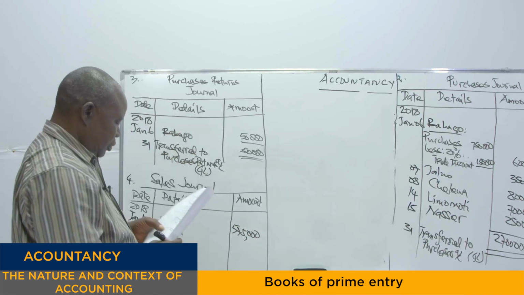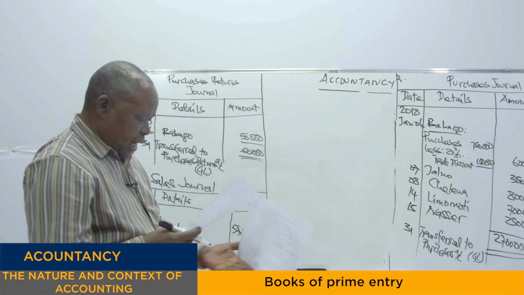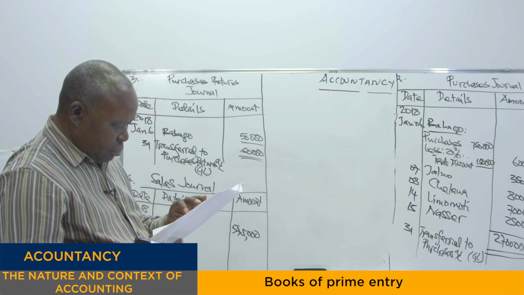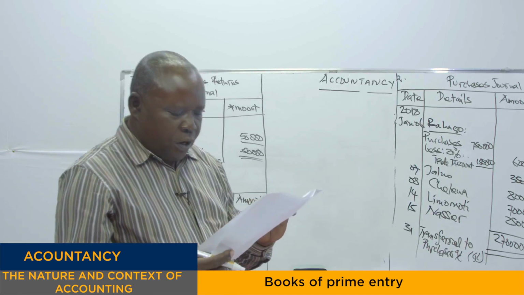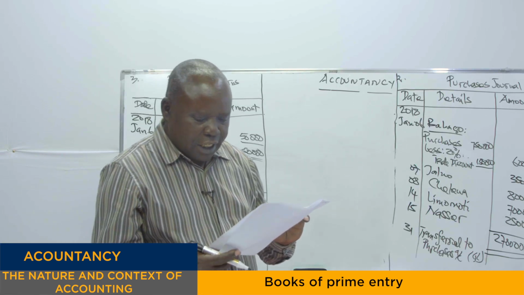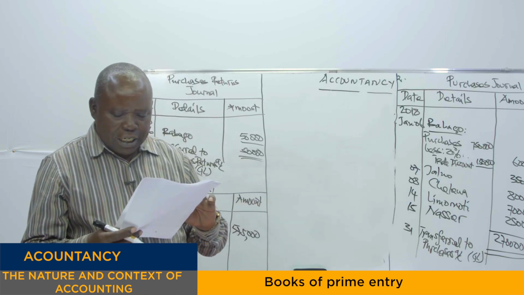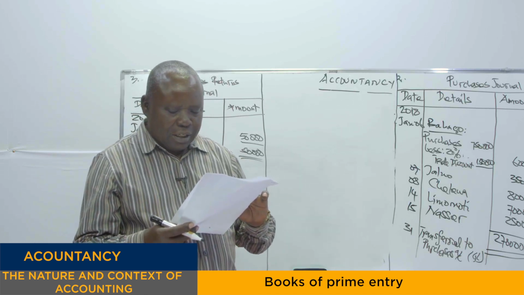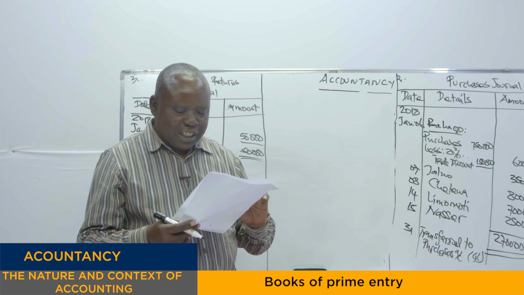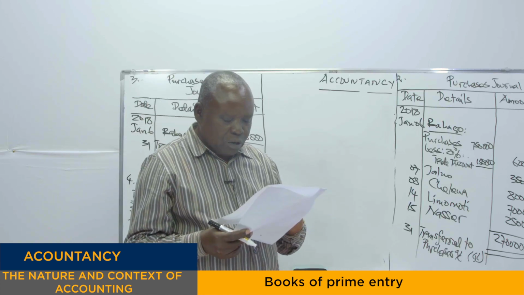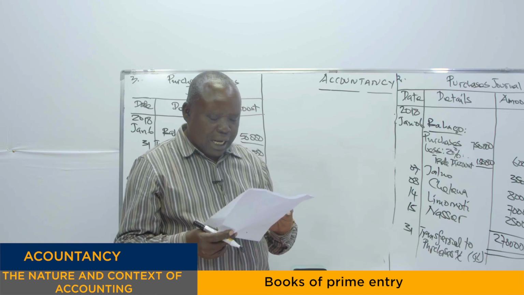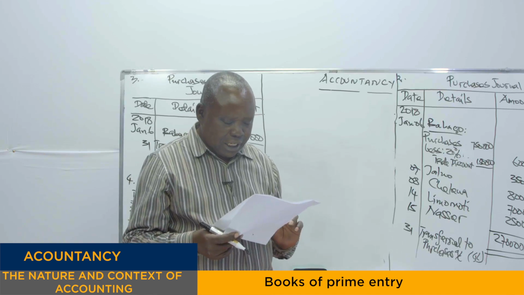Then on 18th, we sent an invoice to Masuka for goods sold at list price of Tanzania shillings 500,000 less 10% trade discount. So we sent an invoice to Masuka. So Masuka is our debtor.